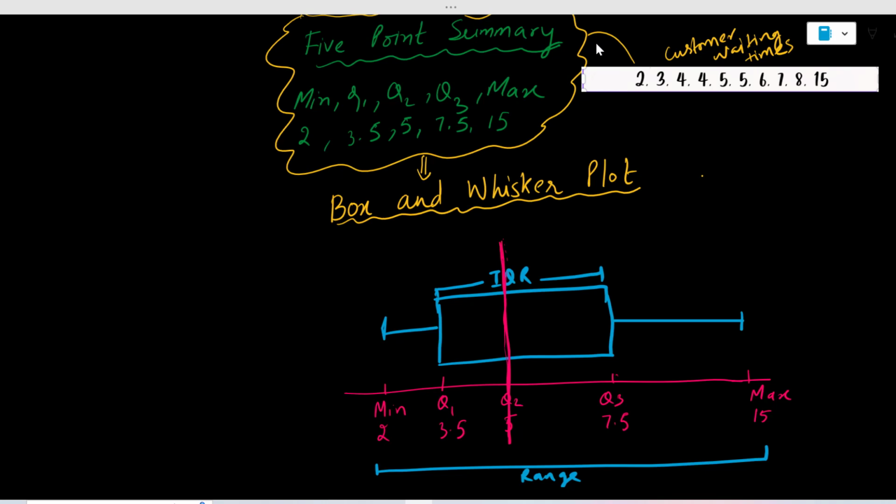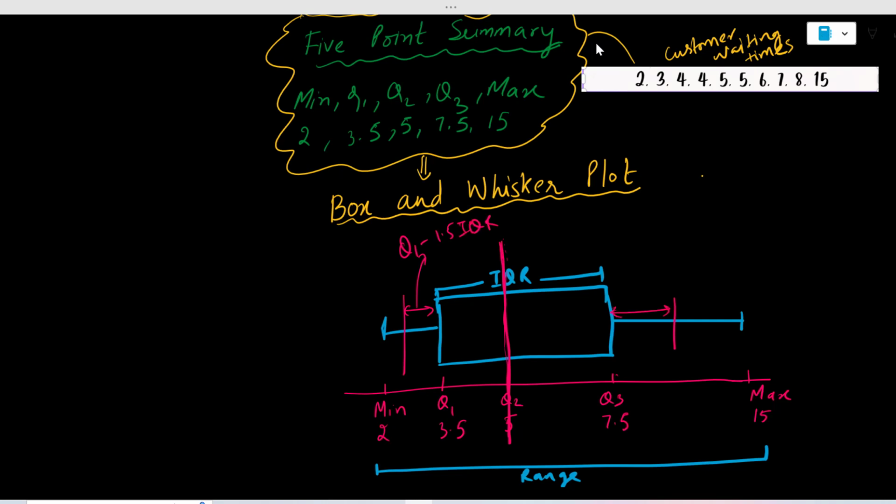Very important point of the box plot is outlier identification. And for outlier identification, we need to get a couple of fences. What I mean is, we get a value which lies here and here, and this value is, let's say, Q1 minus 1.5 IQR.